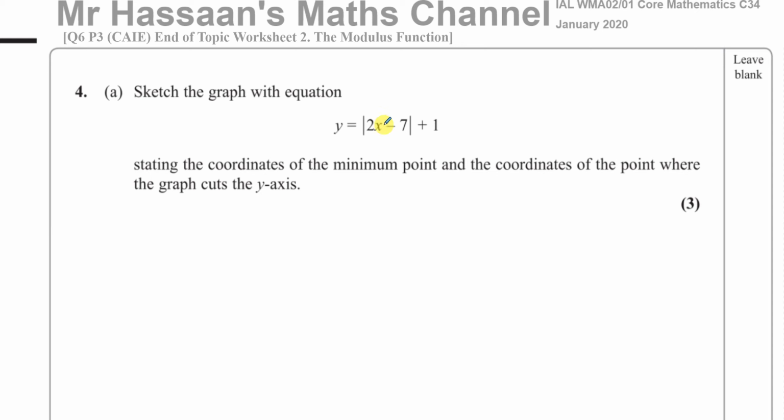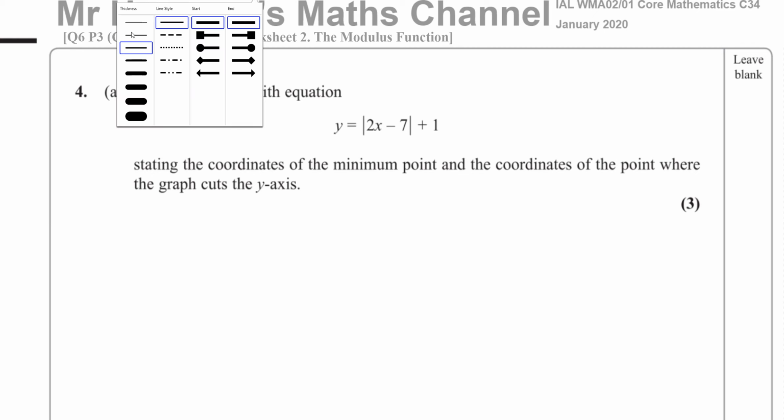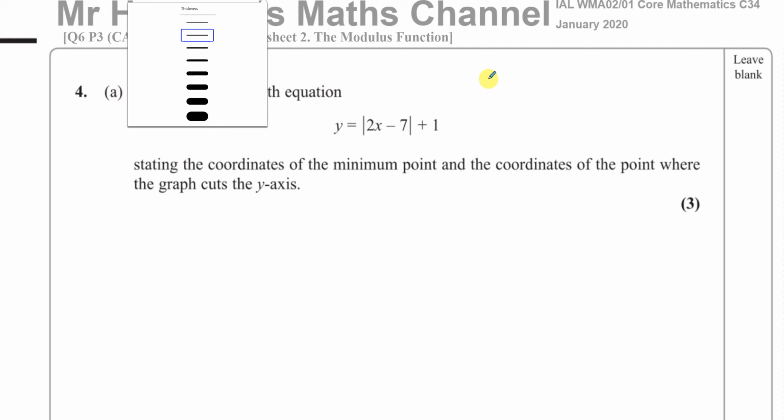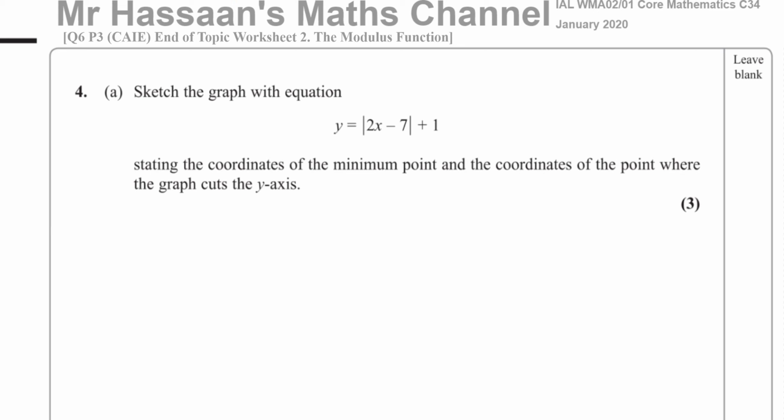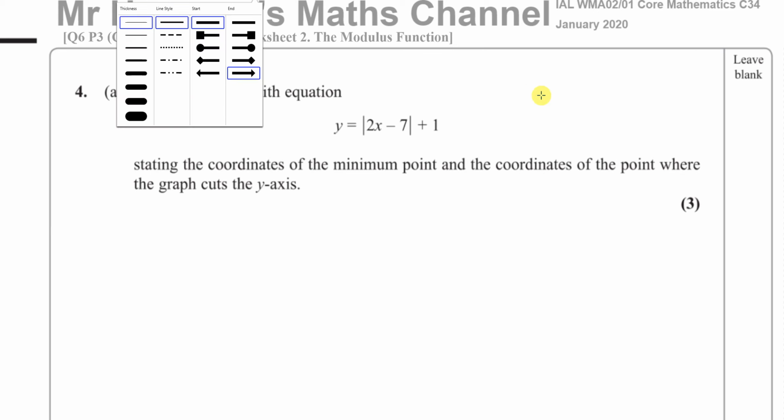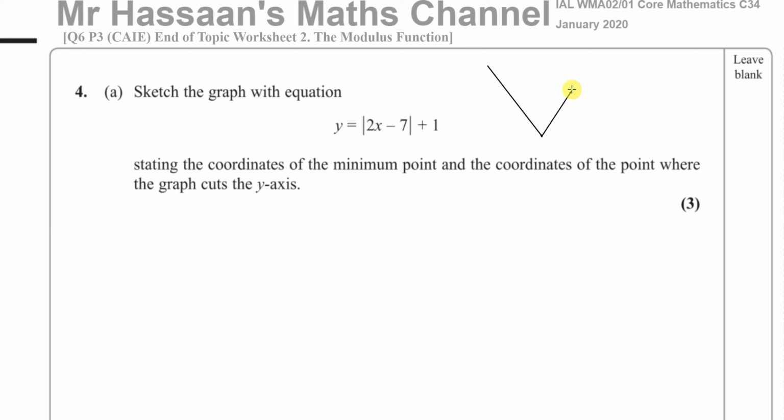When you have a modulus graph with these absolute value symbols, two vertical lines with an expression within, then if we have a linear equation, we're going to end up with a distinctive V shape, either this way or upside down. So in this case, we're definitely going to have a V shape.